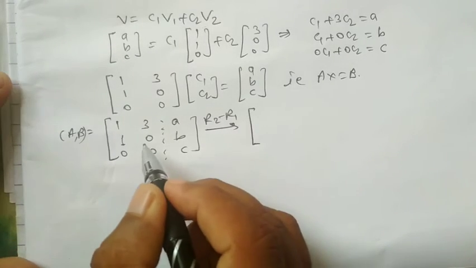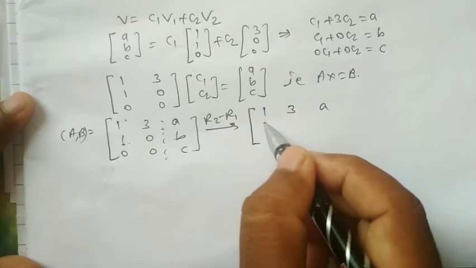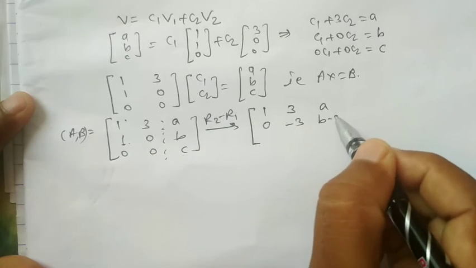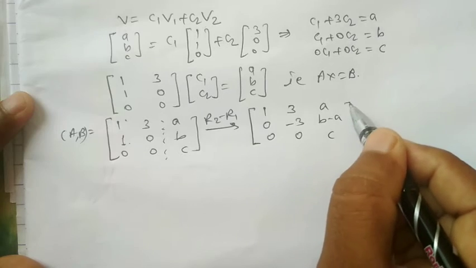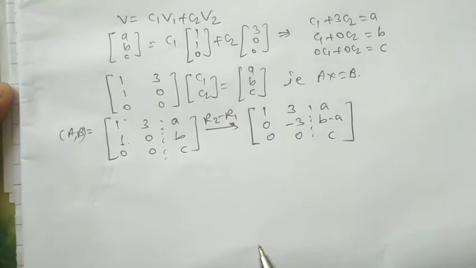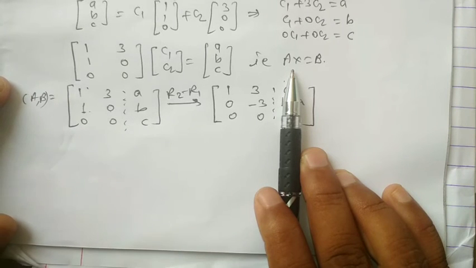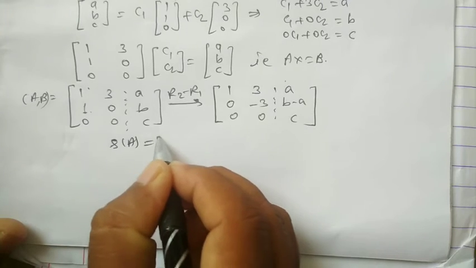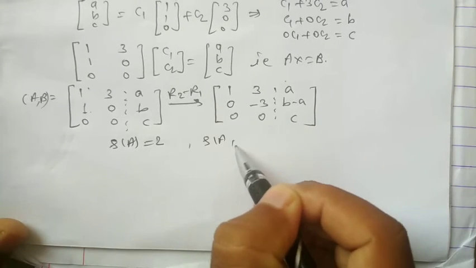So we get 1 3 A, then 1 minus 1 is 0, 0 minus 3 is minus 3, and B minus A, then the third row as it is. Now what is the rank of A? It has 2 non-zero rows, so rank of A equals 2. And what is the rank of A comma B?